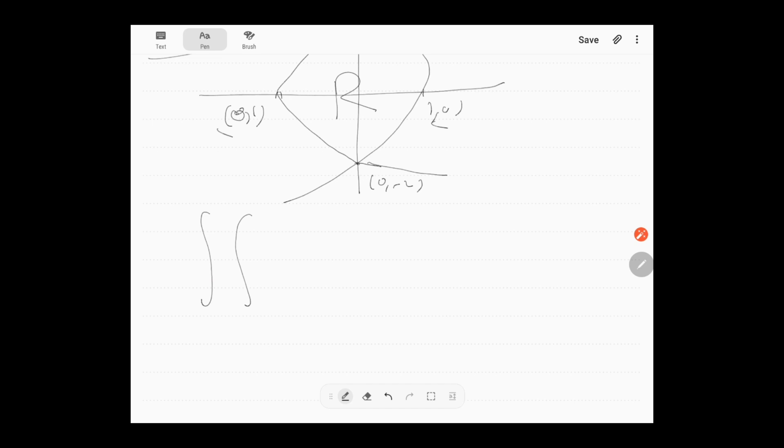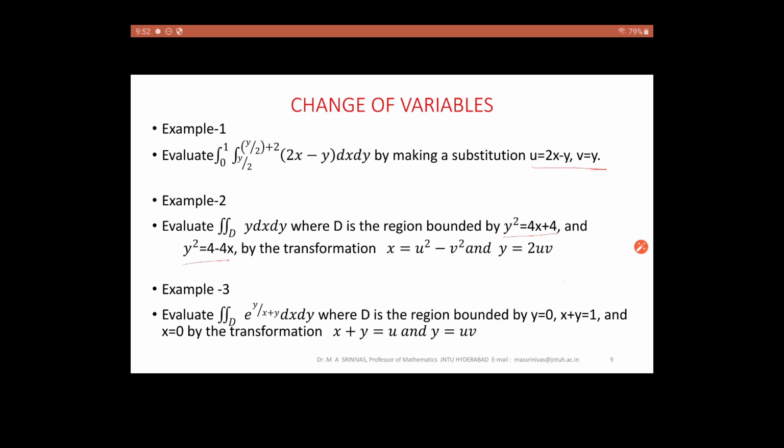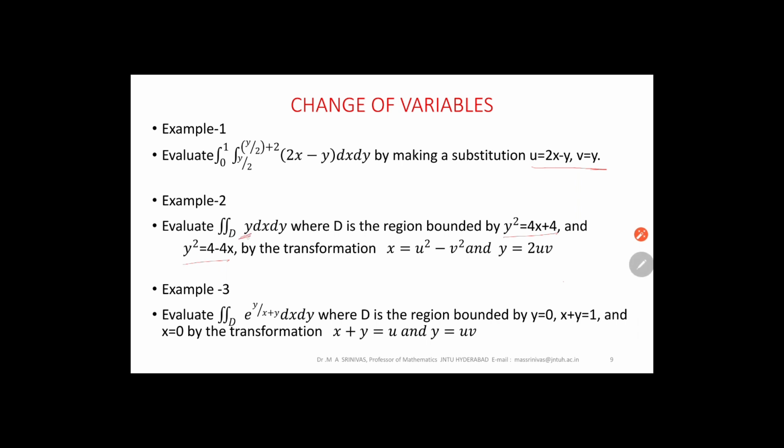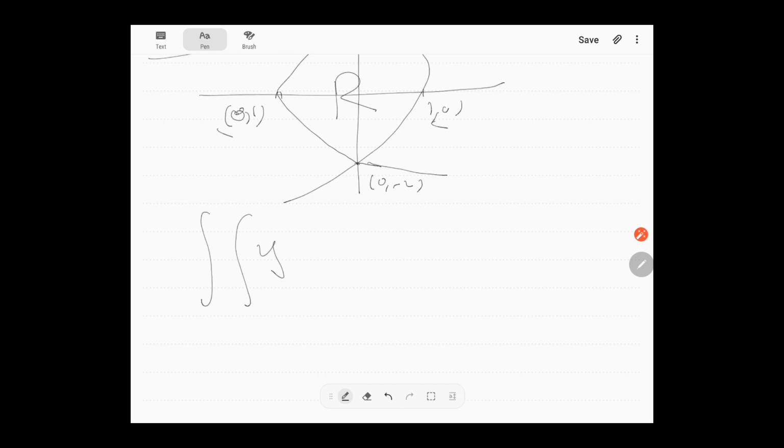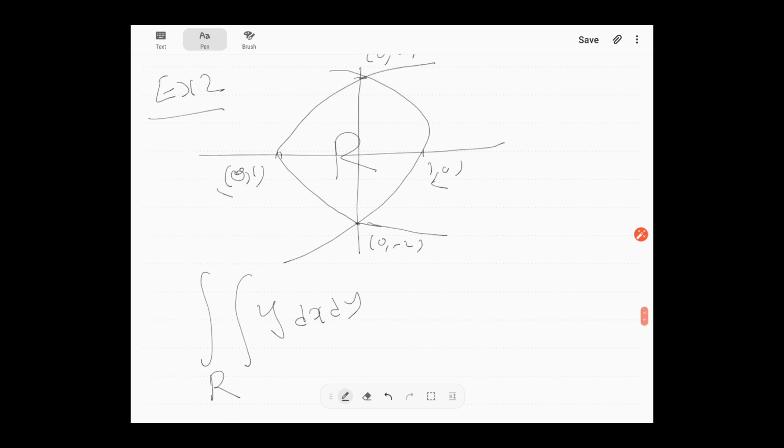The double integral. What is the integrand he has given? The integrand is y. Double integral over R of y dx dy, this we need to evaluate. Without using change of variables, if you want to do it straight away, how do you find the limits? This equation is y square is equal to 4 plus 4x, so the x value is y square minus 4 by 4.